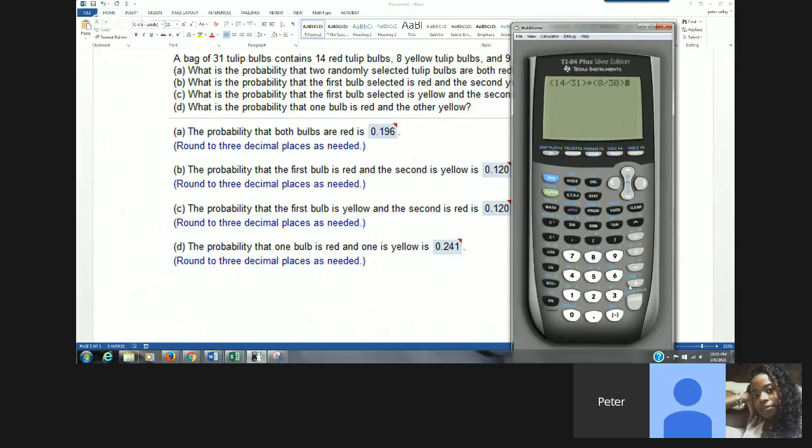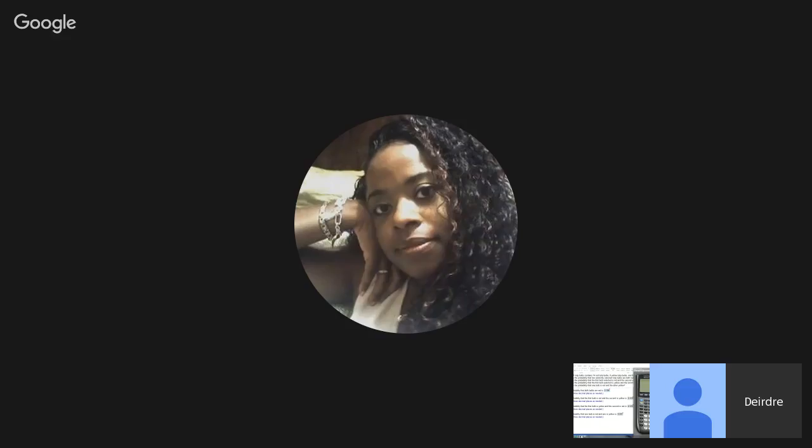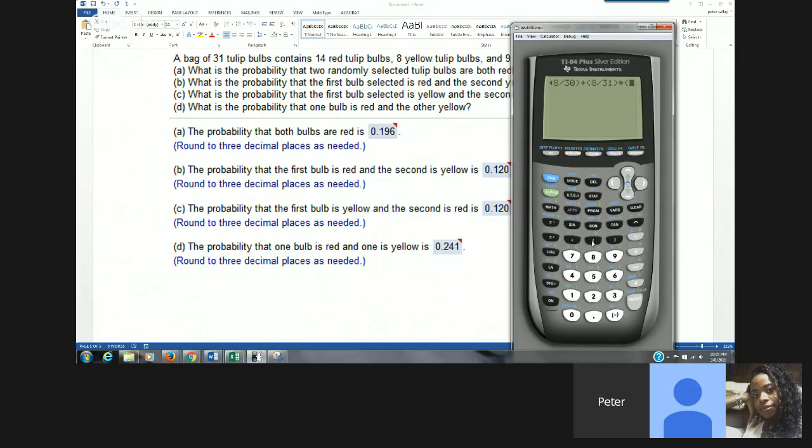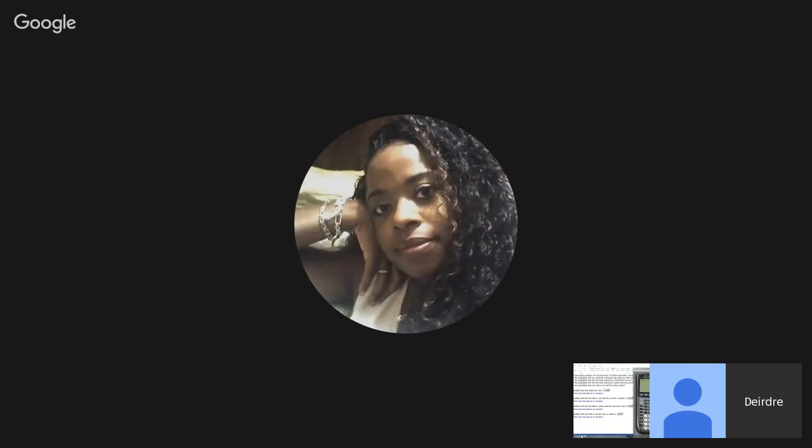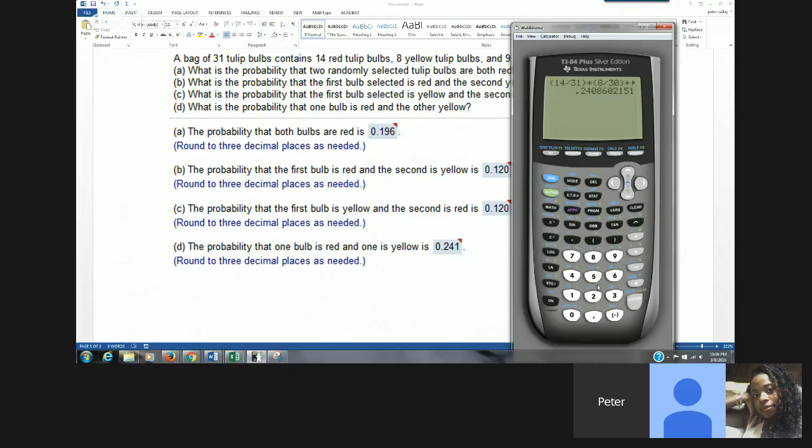I want to flip the order and think, well, what if I got the yellow first and then the red? Well, if I got the yellow first, that's 8 out of 31. And then if I got the red one, that would be 14 out of 30. And then hit enter, and ta-da, that's where we get the magic number.